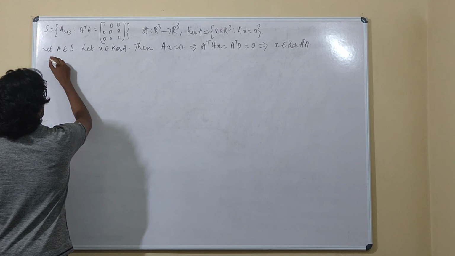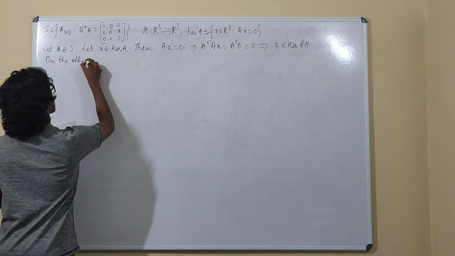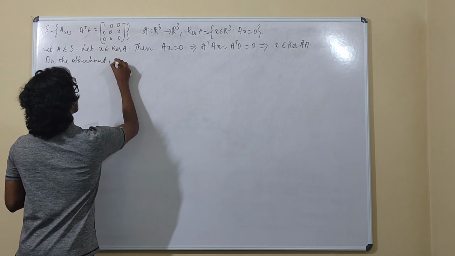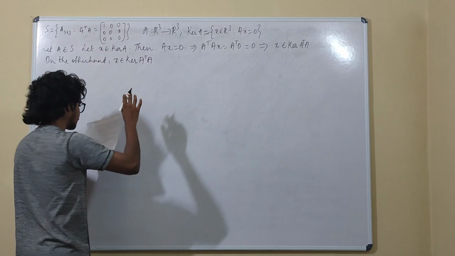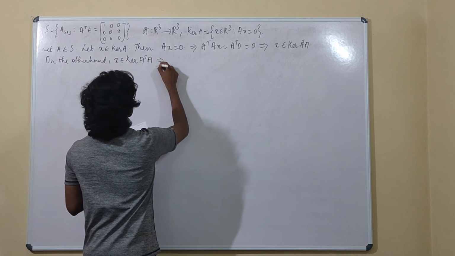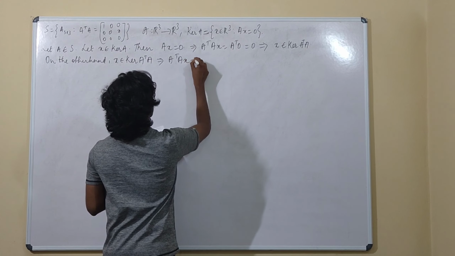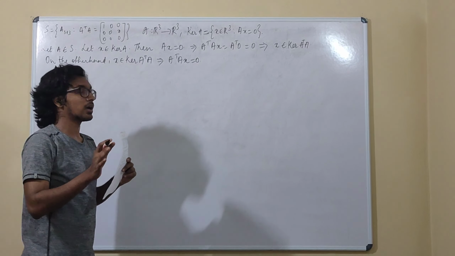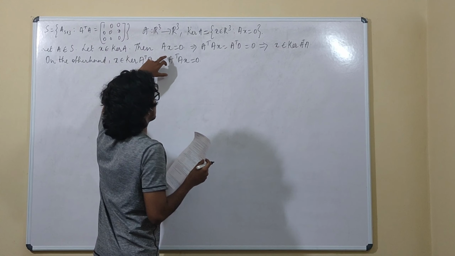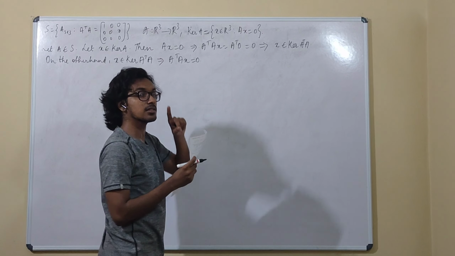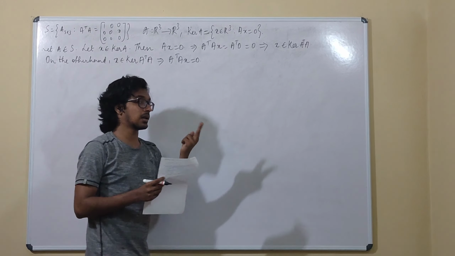Now on the other hand, let us consider x in the kernel of A transpose A. This tells us A transpose AX equals 0. Okay. Now I cannot take an inverse of this A transpose and multiply it, because there is no guarantee that the inverse of A transpose exists. It may not exist.